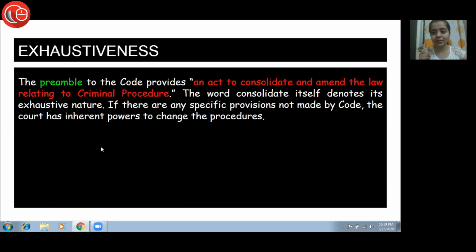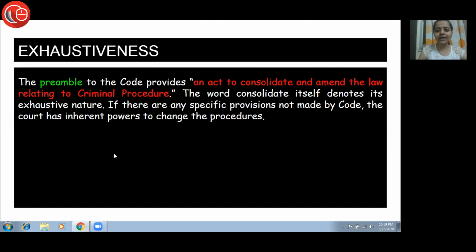Inherent powers are mentioned under section 482 of the Criminal Procedure Code 1973. Section 482 empowers a High Court to exercise inherent powers for including those provisions which, if there is a need, are not included in the present act.